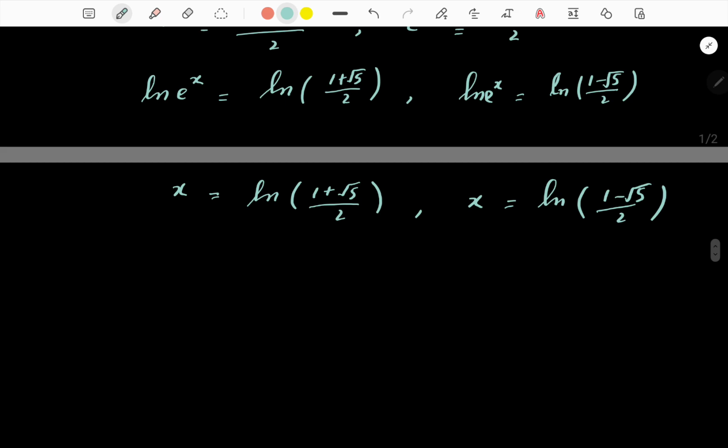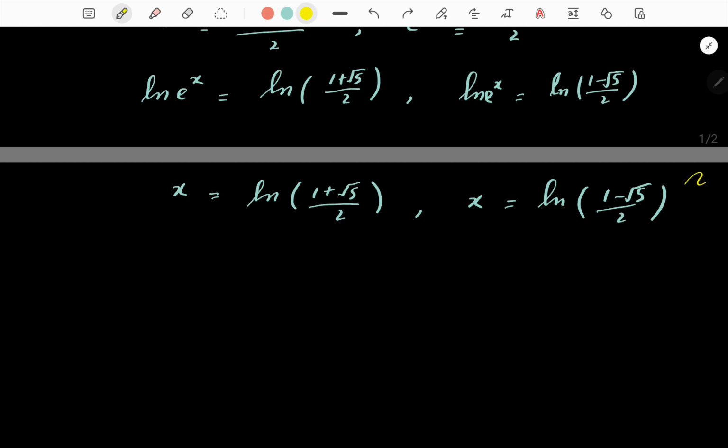If we see this term 1 minus under root 5, under root 5 has value more than 2 point something. So if we simplify this value, we will get this as a negative. And we know that the argument of natural log can never be negative.